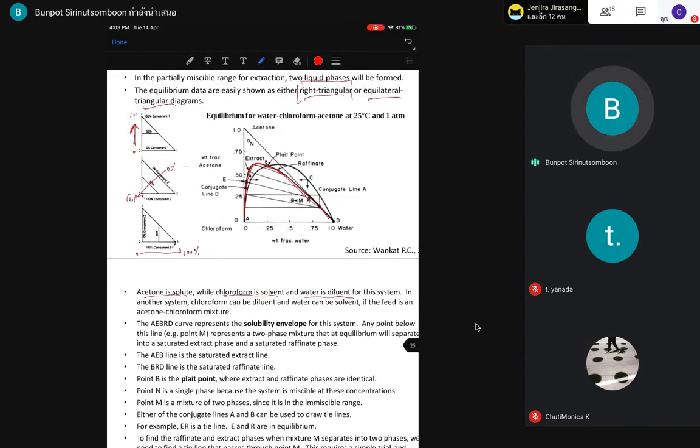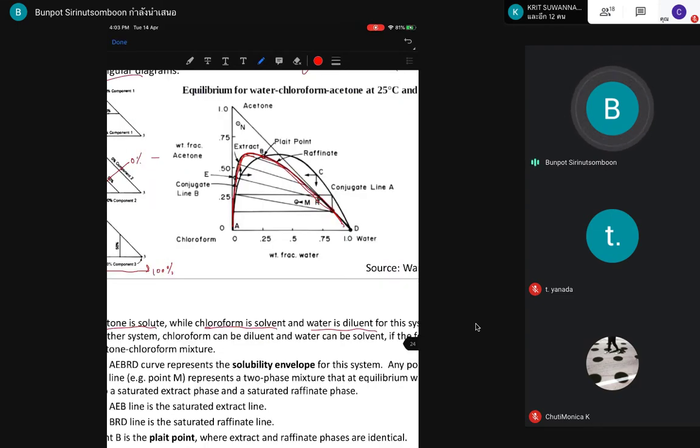Because we already decided that our chloroform is the solvent and our water is the diluent, this side here, the line on this side is for the extract, and the line on this side is for the raffinate.